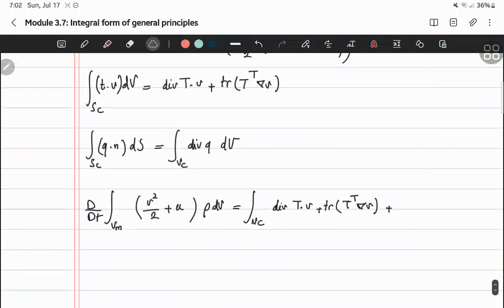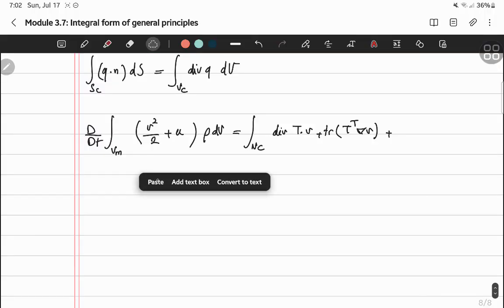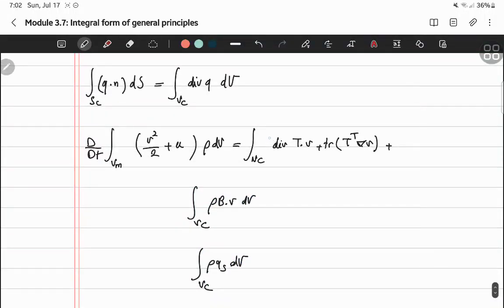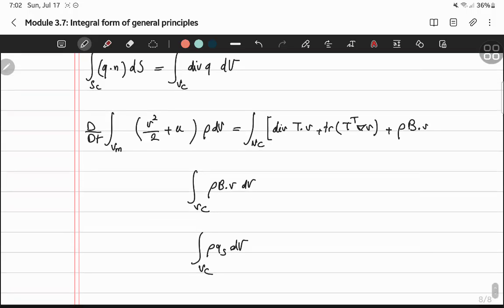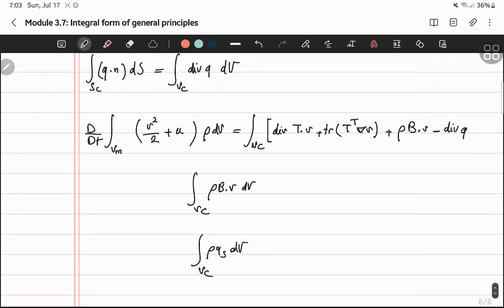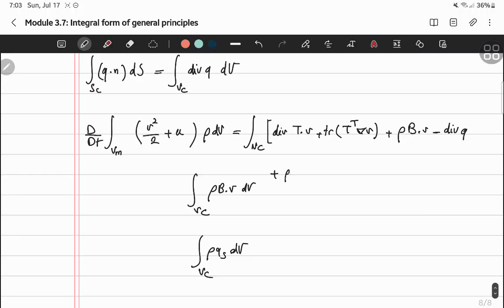So we have this, copy and paste, so I have all the same terms in here. So then we have rho b dot v, then we have minus divergence of q, plus then we have rho q_s dV. Awesome.